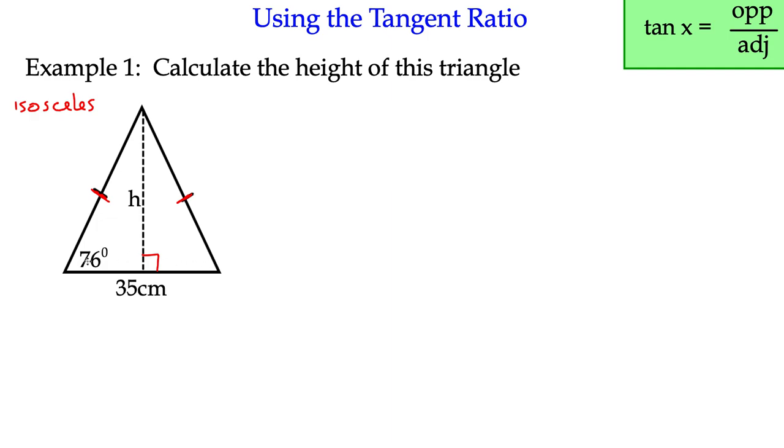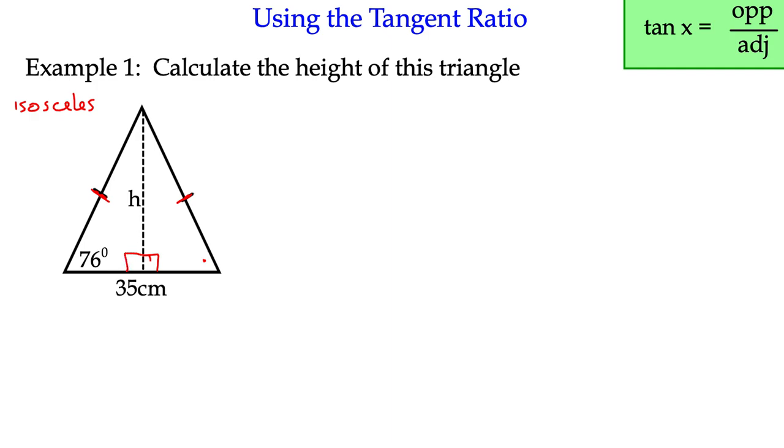It tells me that the two angles here, 76, is also this angle here, 76, but I'm not going to use that just now. But what it does tell me is that because this is a line of symmetry, that dotted line cuts the isosceles triangle up into two absolutely identical triangles, what we call congruent triangles. So in actual fact, I've got two right angle triangles.